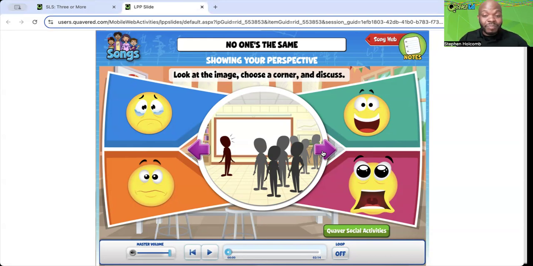And then from there, those students can have a discussion within that group about why they feel that way. So again, it gives a great opportunity for you to learn about your students, but also for them to see the commonalities within the room and some of the differences and learn to appreciate each other in those differences as well.